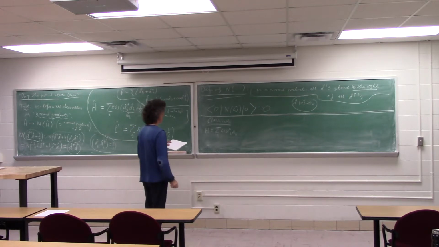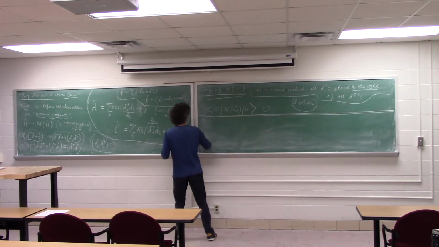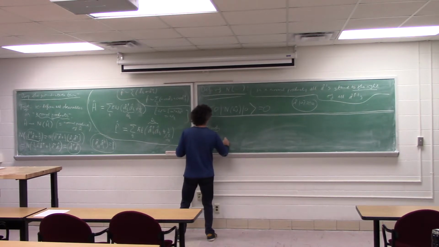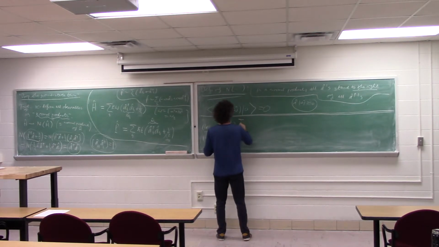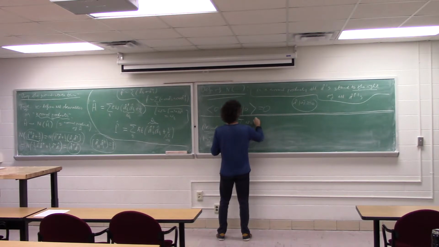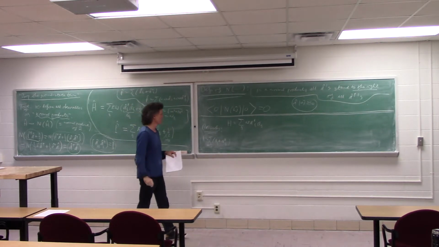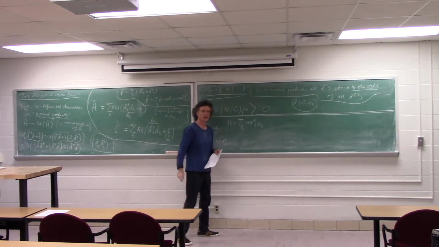Let me write it classically. So here phi is the sum of A plus A star. So H comes out to be a sum over K of omega A star K A K. If you do that expansion, substitute into the expression for the Hamiltonian, you should get this. But now these are classical quantities. The order is arbitrary.